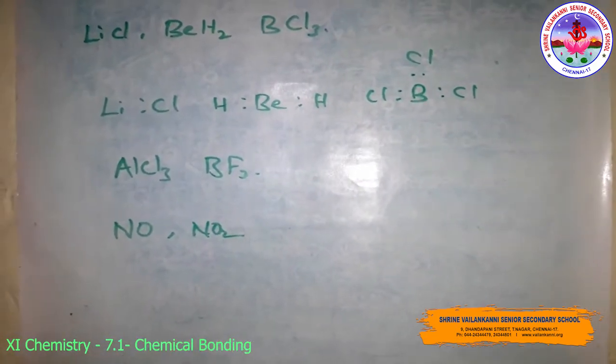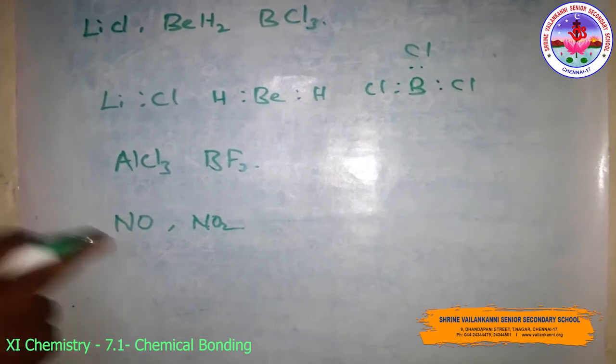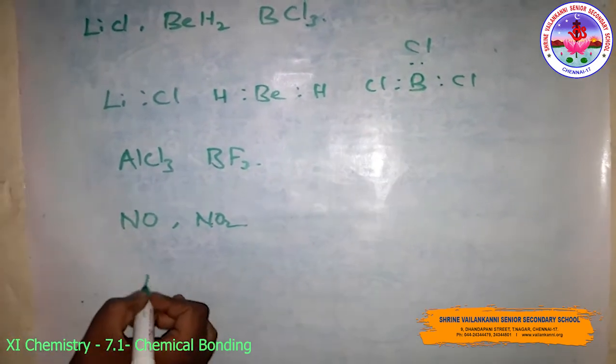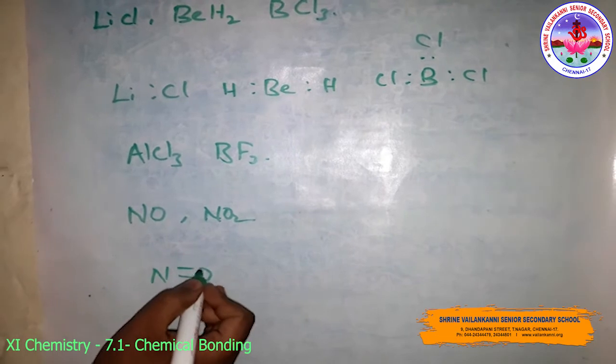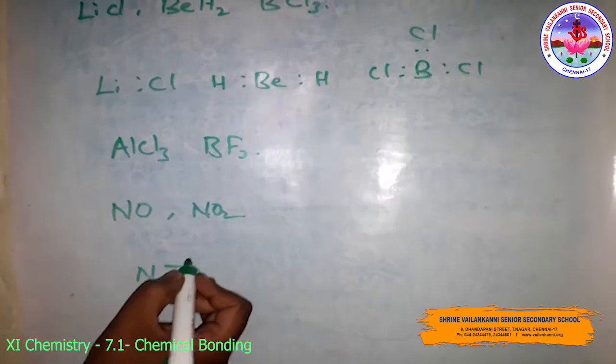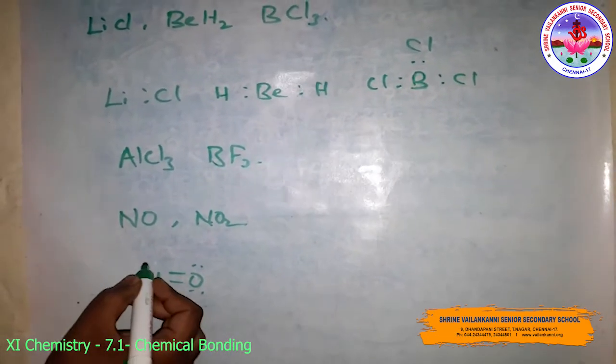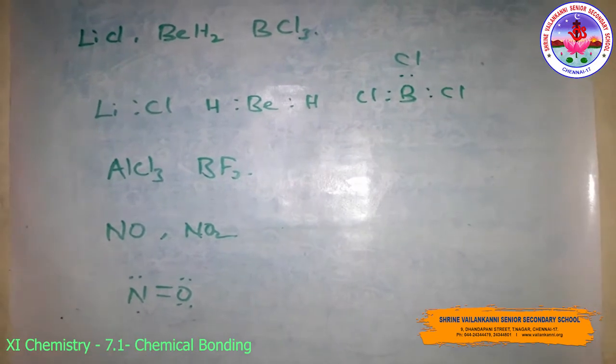The octet rule is not satisfied for all atoms. Look here, nitrogen monoxide, that is nitric oxide. Here the Lewis dot structure is like this.